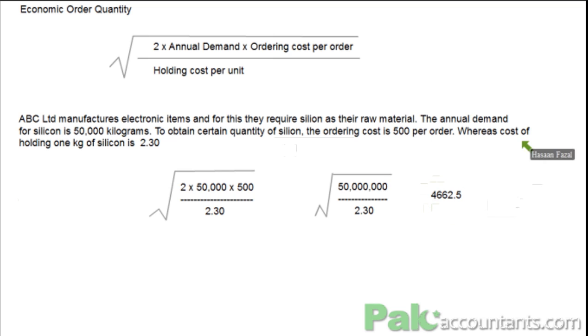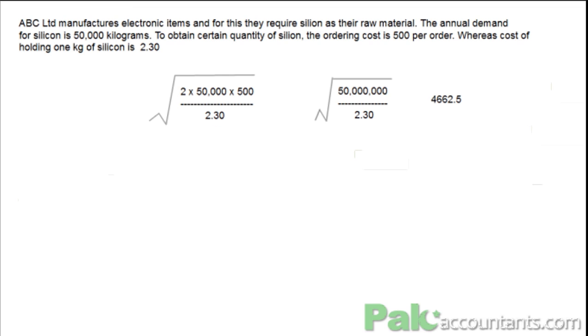Now let's have a proof of this. In order to calculate your total ordering cost, first of all you have to calculate the number of orders. The number of orders you need depends on the annual demand.